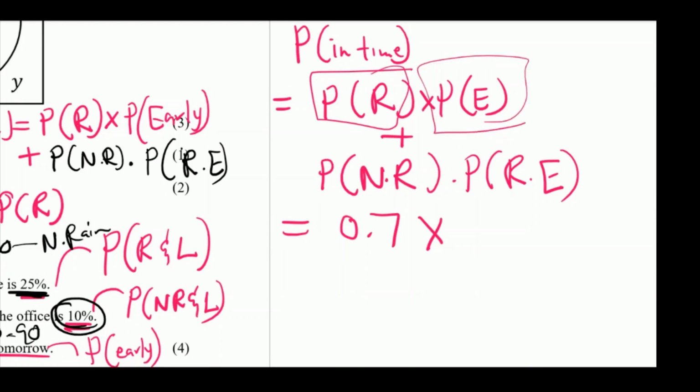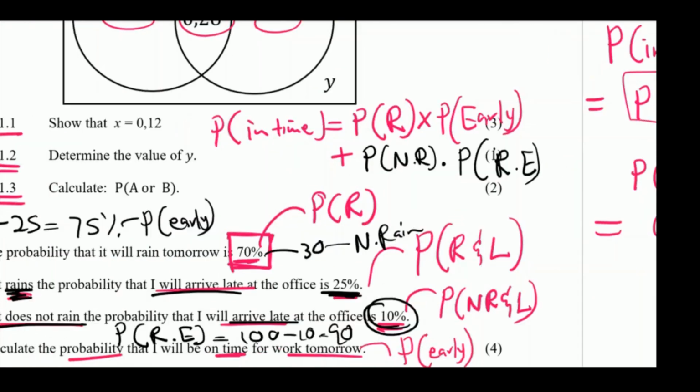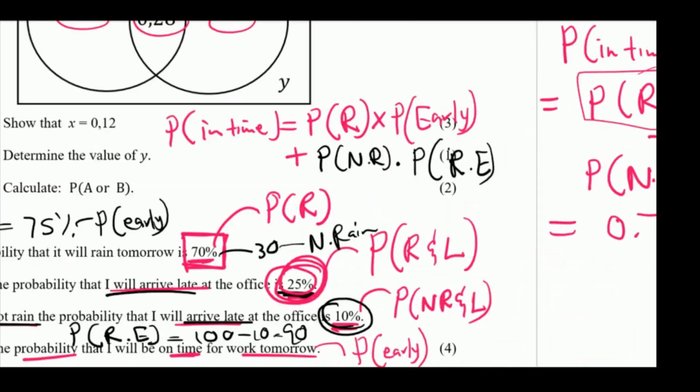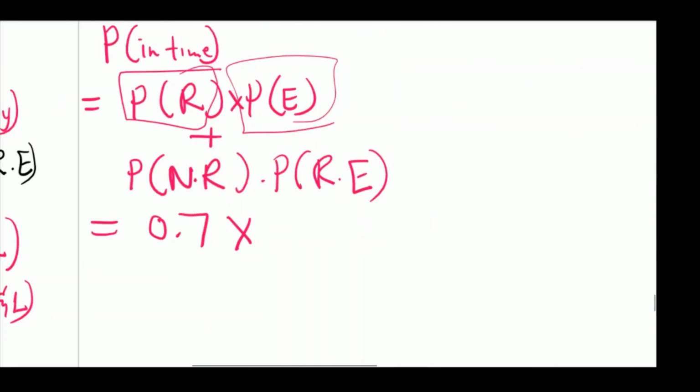Remember that the probability that you'll arrive late was 25%, so you're just going to write 0.75 because you arrive early. So this is for early.